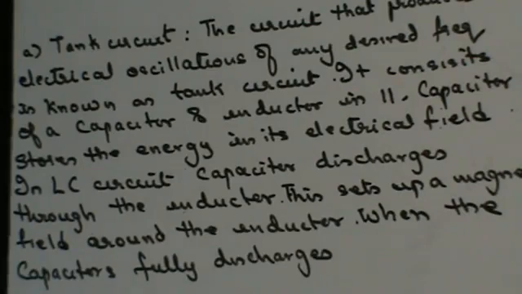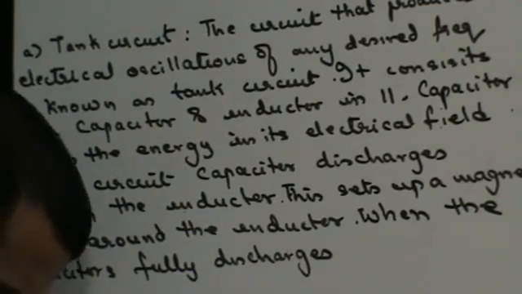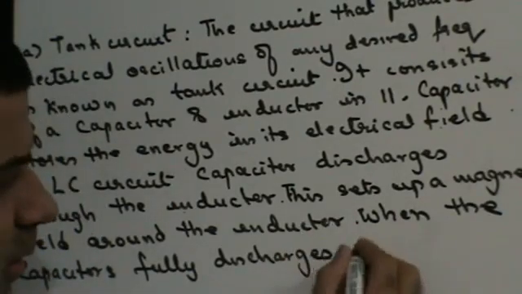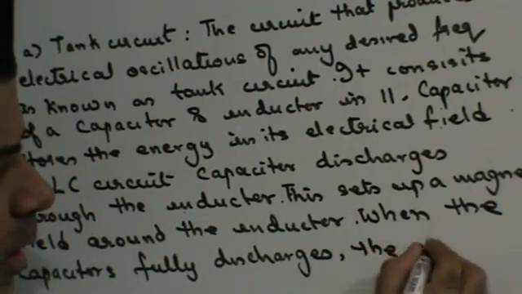As it discharges, it will go on producing magnetic field in the inductor. By the time it fully discharges, an entire magnetic field is going to be produced in the inductor.